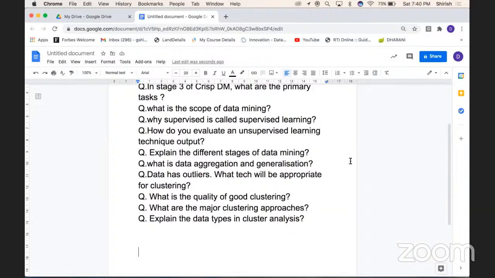Okay, so let me write. First approach, you have here interval-valued variables.